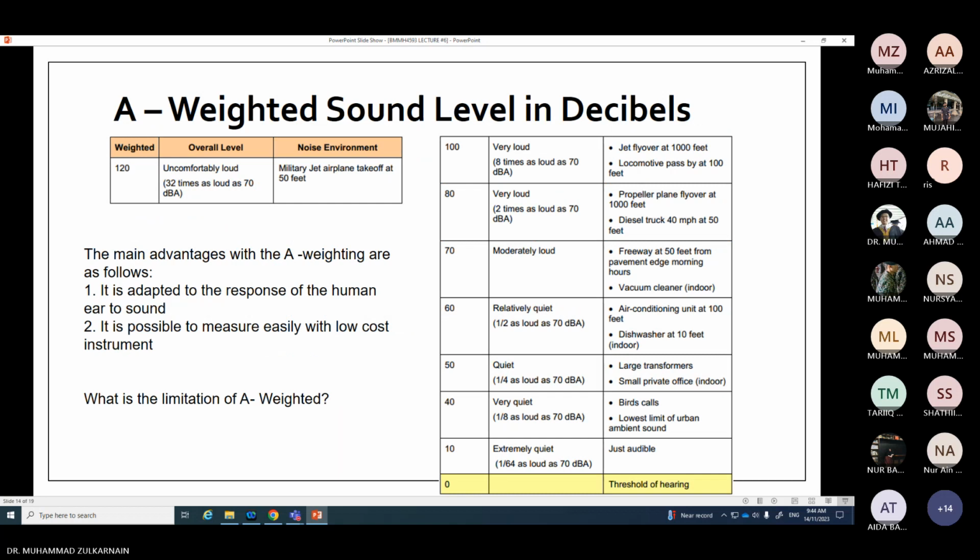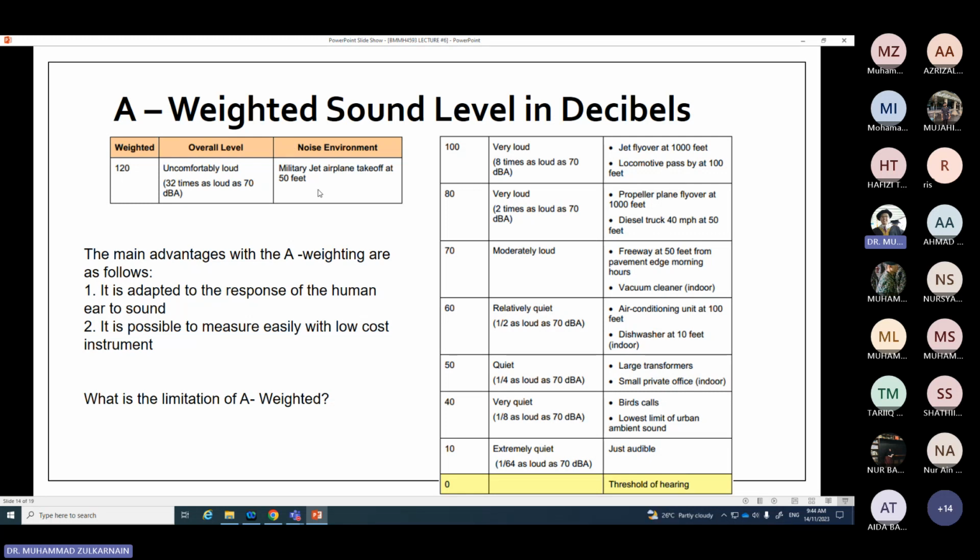Okay, A-weighted sound level in decibels. Maybe we can collect from several activities, some maybe from engineering activity conditions.